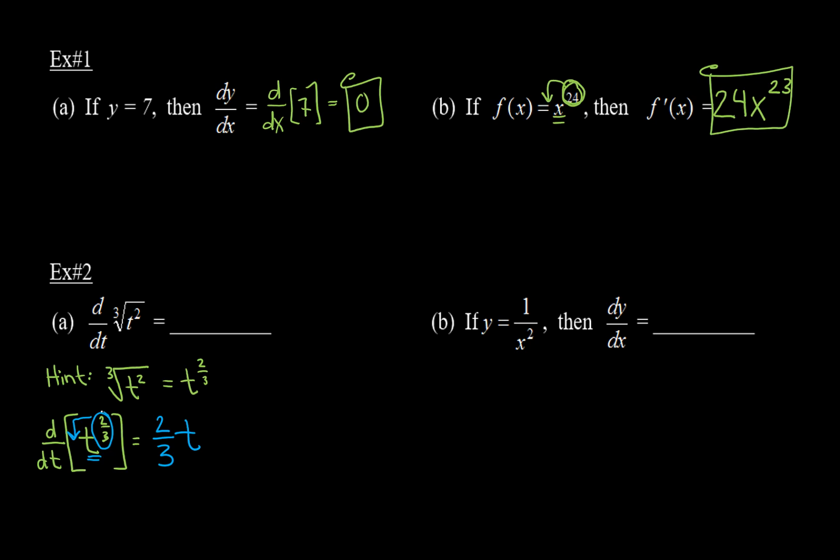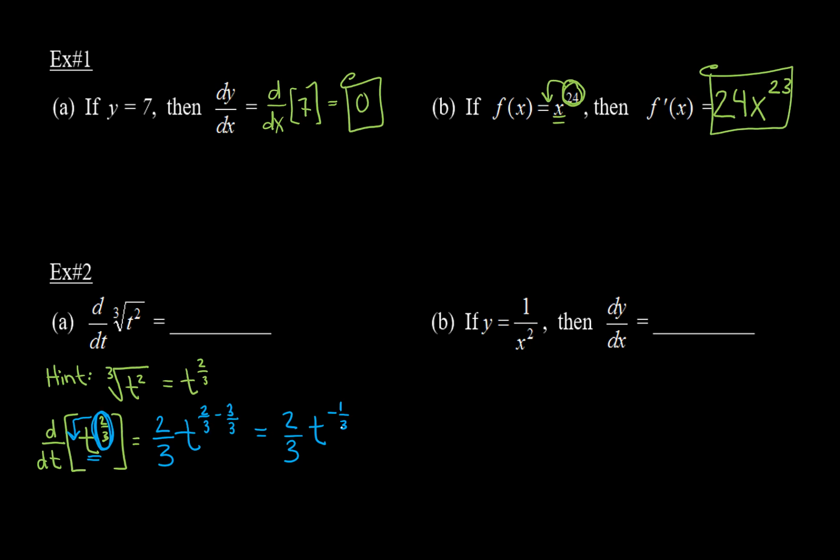And then for my exponent, I need to take 2/3 minus 1. I'm going to write it out for this one because I want to show you a trick. Whenever I'm subtracting 1 and I've got fractions going on, I just use my denominator. Since this is 2/3, I'm going to subtract 3/3 from it. What I end up getting is 2/3 times t to the negative 1/3.